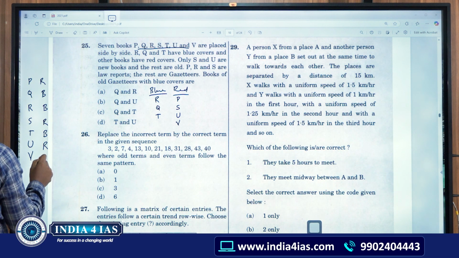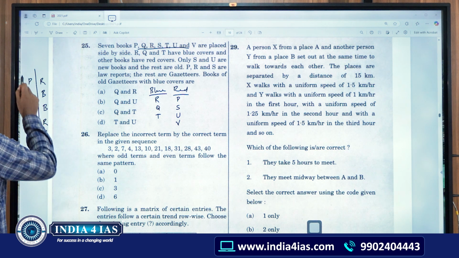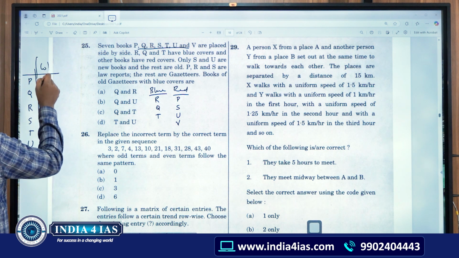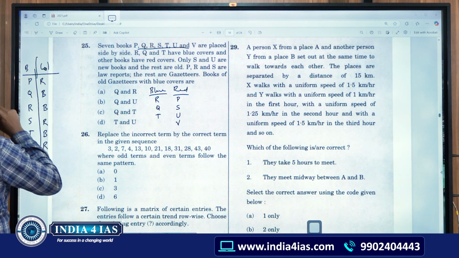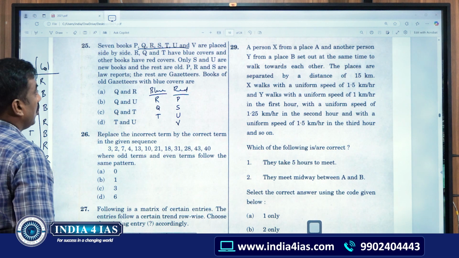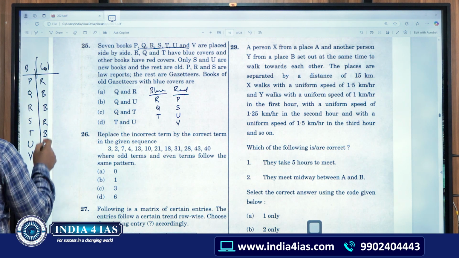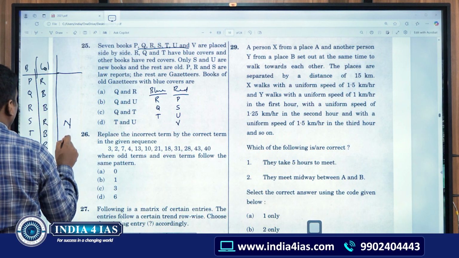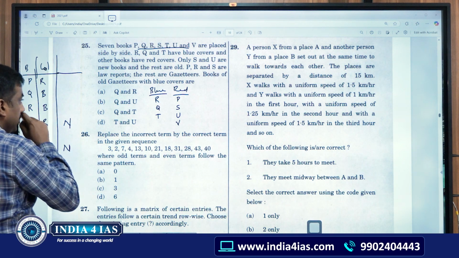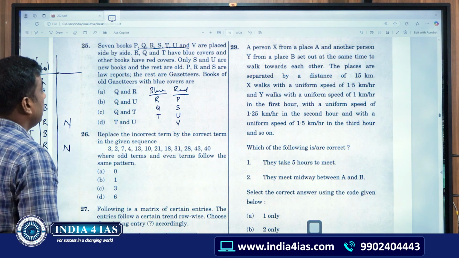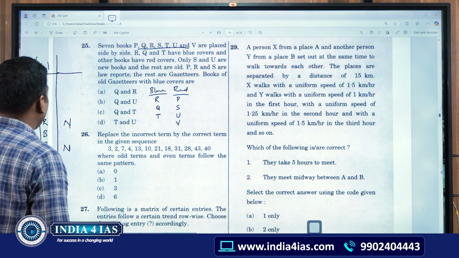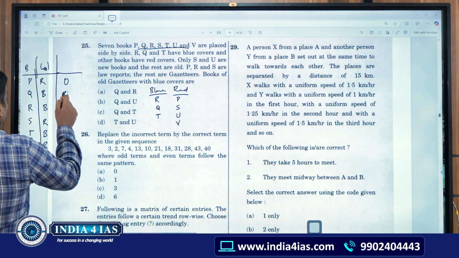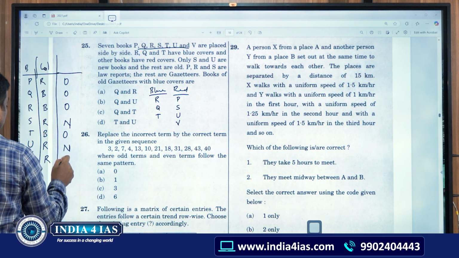So these are colors and these are books. Then only S and U are new books. So this is about old or new. S is new and U is new. Only they are the new books. The rest are old.